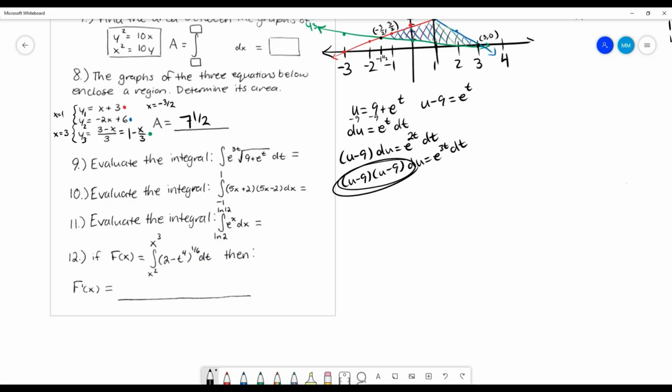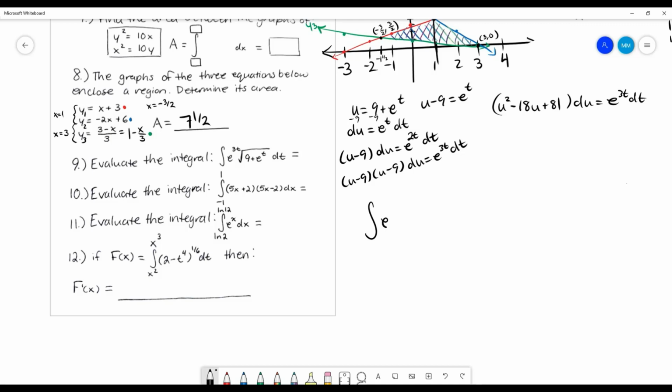I am, however, going to distribute that first. So I'm going to go ahead and do u minus 9 squared, just because I think that'll be a little easier to work with. Okay, so it looks like this, which is the same thing as all that, right? I've just distributed that out.